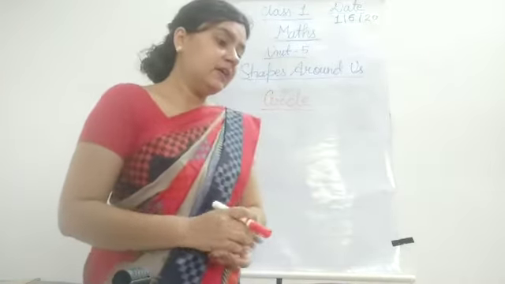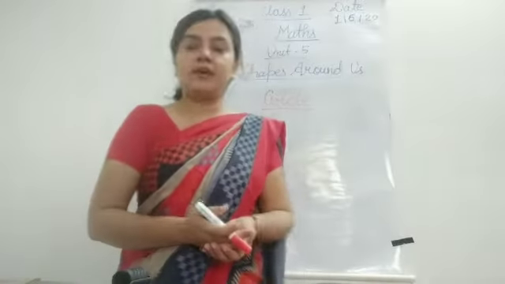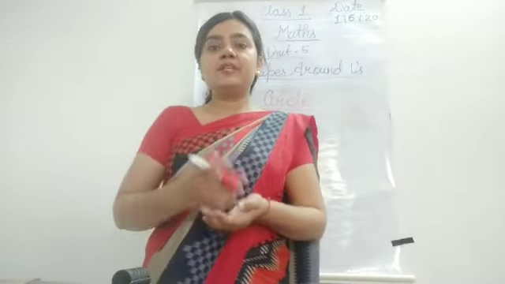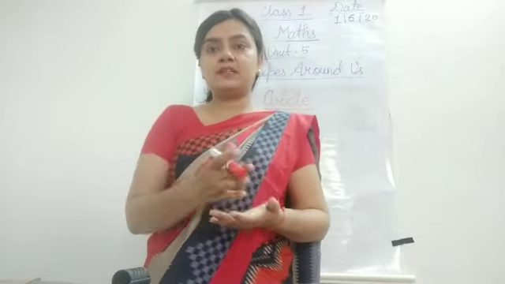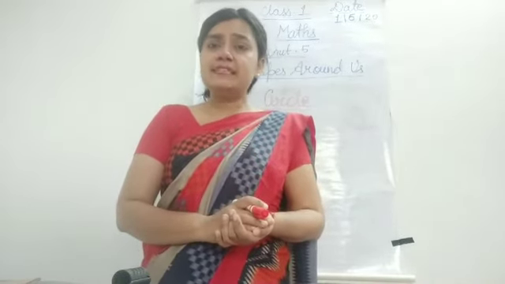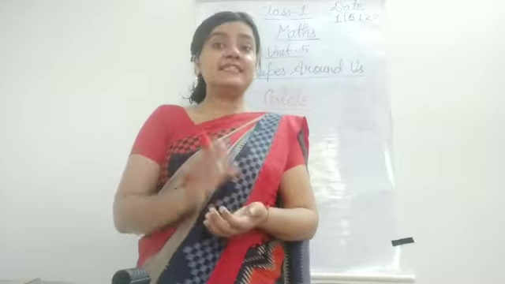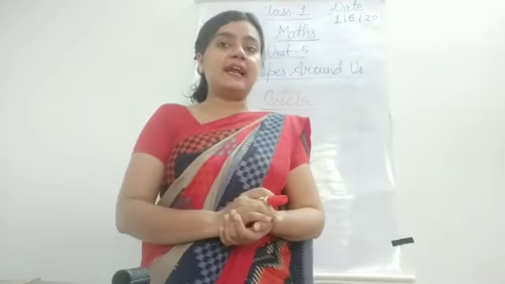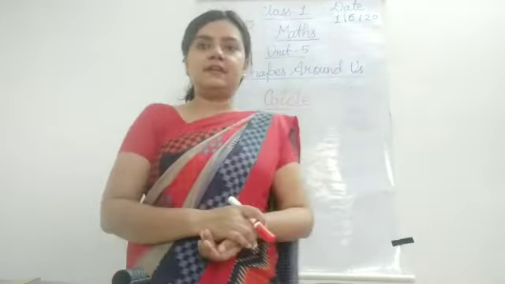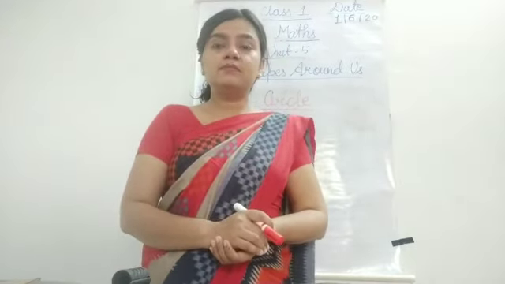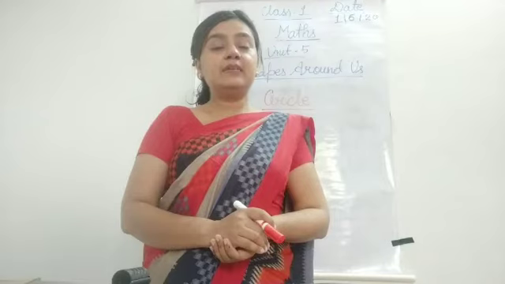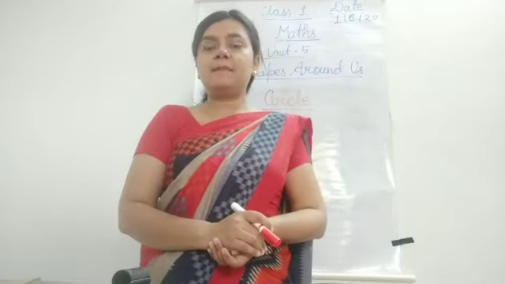By which thing you can explain circle? Which thing looks like circle? Can you tell me an example? Yes, the chapati that you are eating, that is circular. And something more? Any more example related to circle?